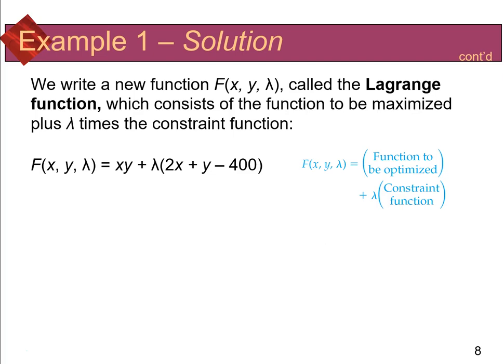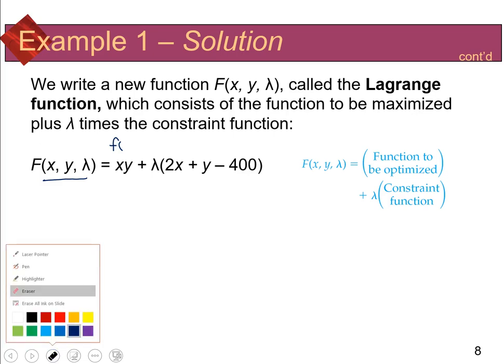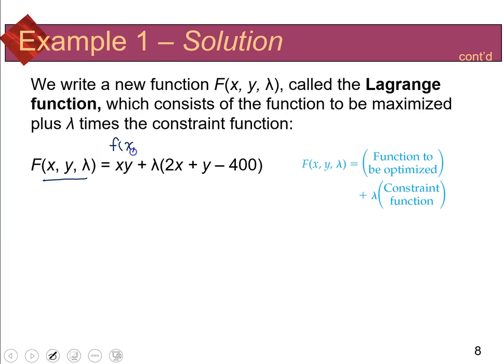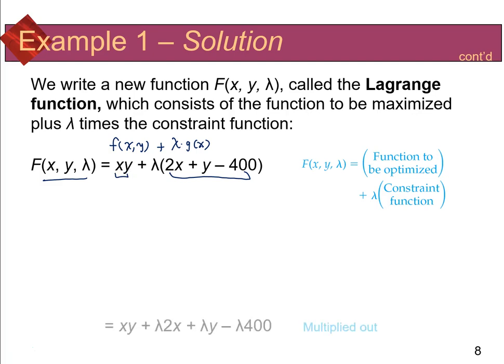And the way I do this, and you'll see this formula on another slide, so if you don't catch it here, is f of x plus lambda times g of x. So that's why we said this was g of x before. This is my f of x function. And so I come up with this function.